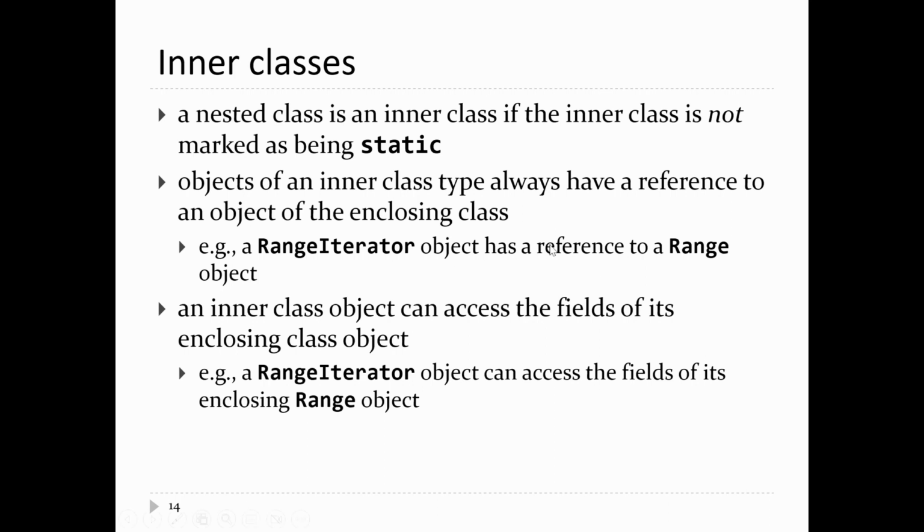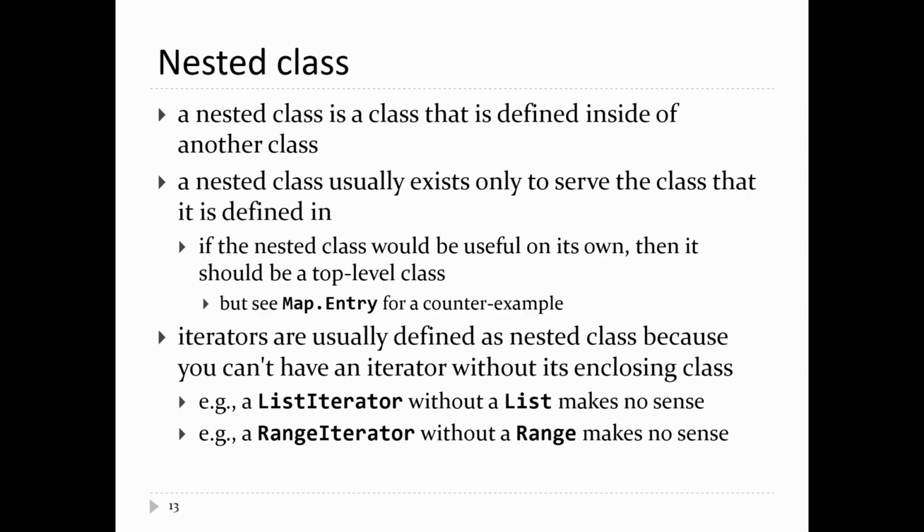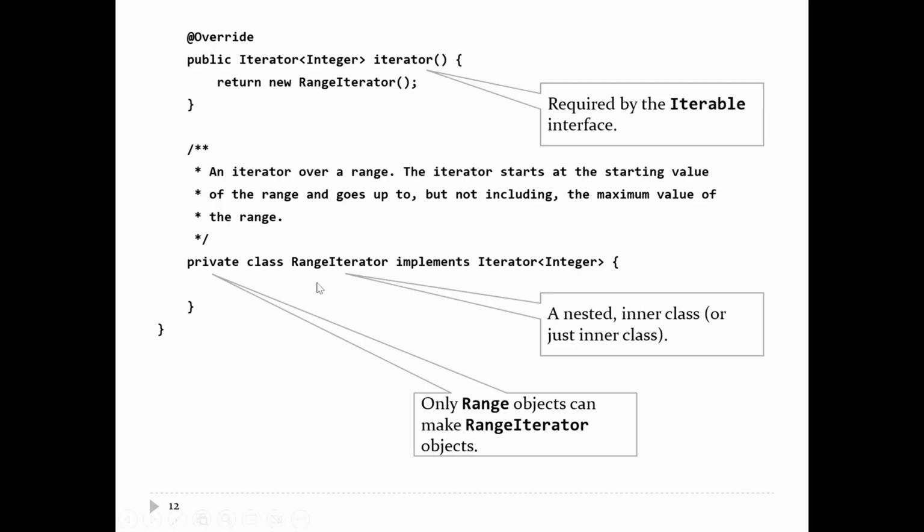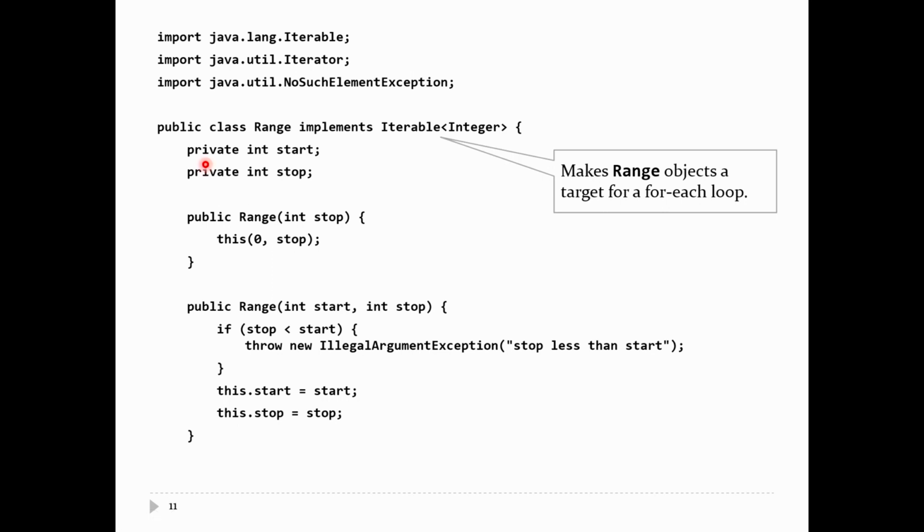So it needs a reference to the range that it's iterating over, and you get that if you create an inner class. Inner class objects can access the fields of the outer object. So RangeIterator has access to the private fields of range. In other words, RangeIterator can see start and stop.